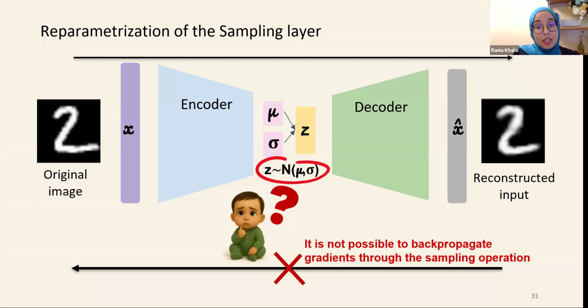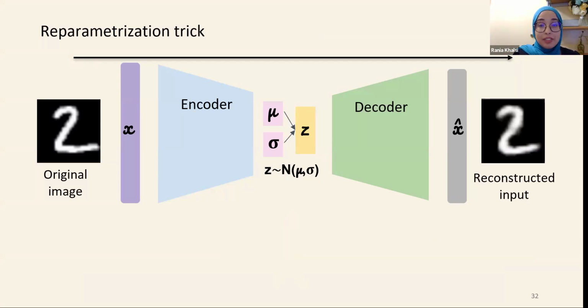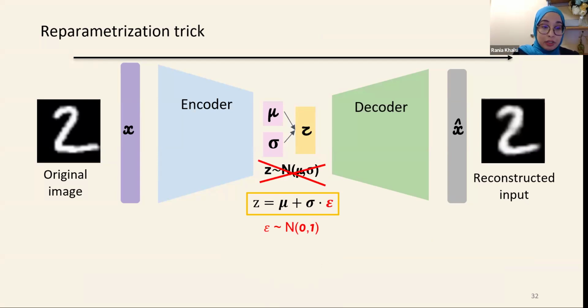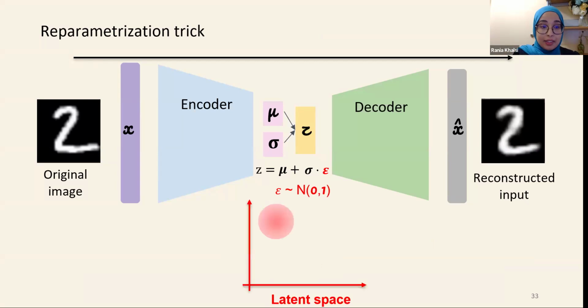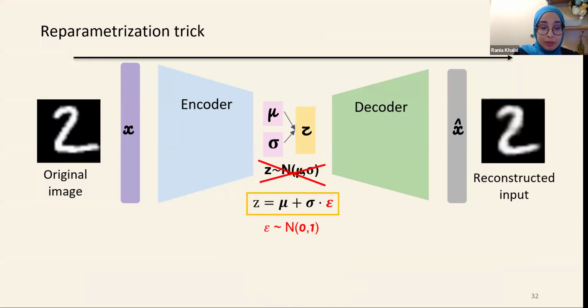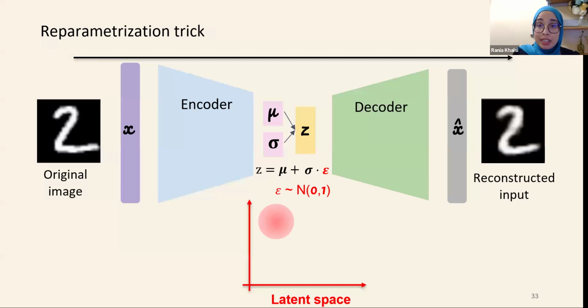So this is where the reparameterization trick comes in, okay? Instead of sampling directly from the Gaussian distribution, we introduce a random variable, often called epsilon, and this random variable epsilon is introduced in order to handle the randomness outside of the network. This trick is super powerful, even though it's very simple. How does it work?